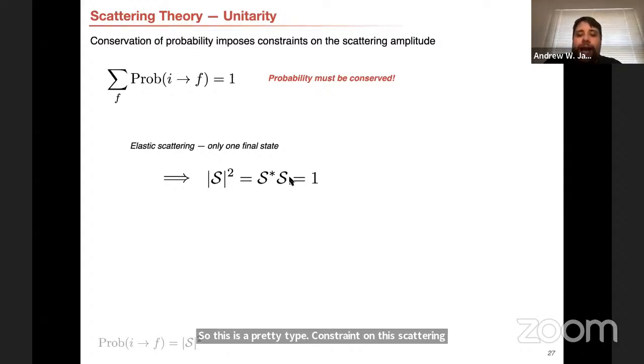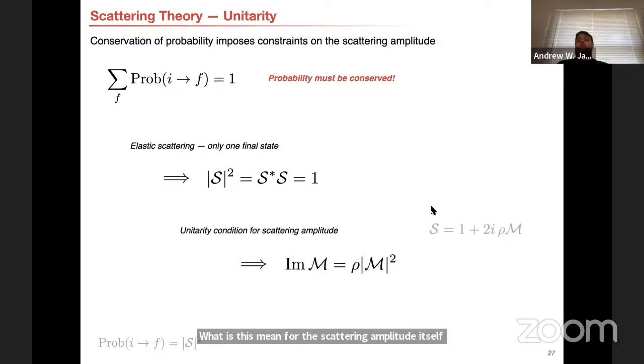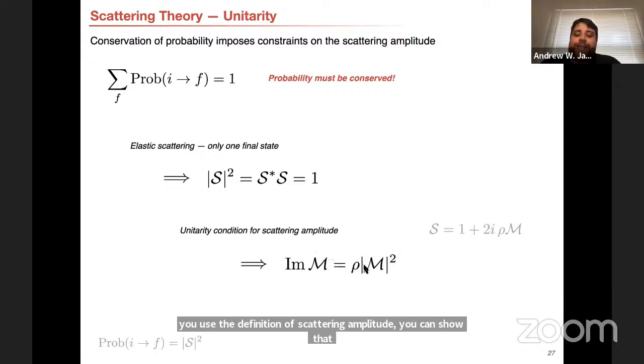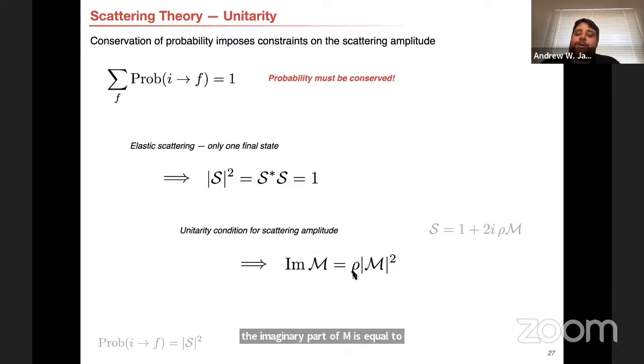What does this mean for the scattering amplitude itself when we take out the identity piece? Well, one can show, and in fact, this is one of your exercises, that when you have this condition from probability conservation, and you use the definition of scattering amplitude, the imaginary part of M is equal to this kinematic phase space factor rho times the modulus of M squared. So remember, we're dealing with these quantum mechanical probability amplitudes.